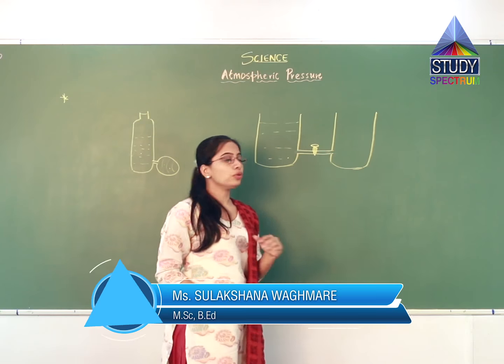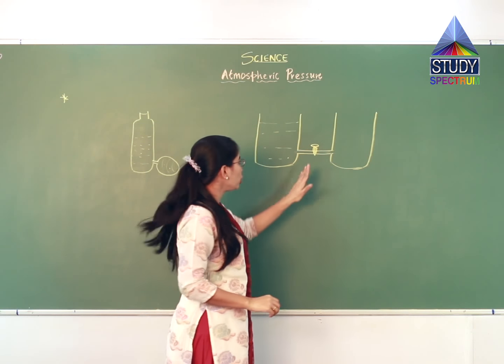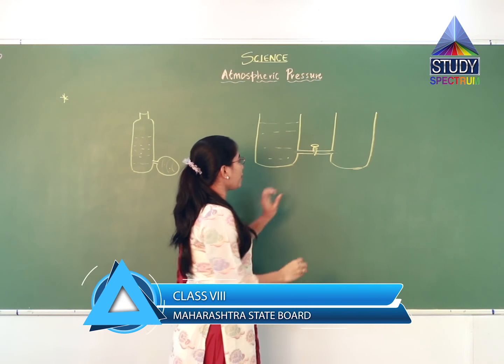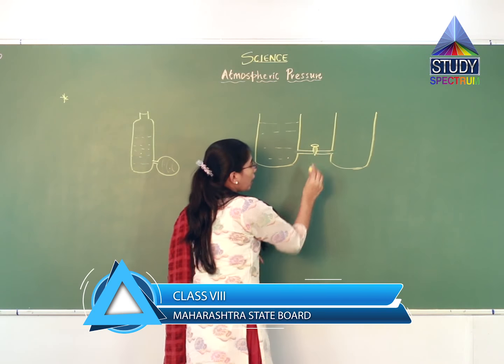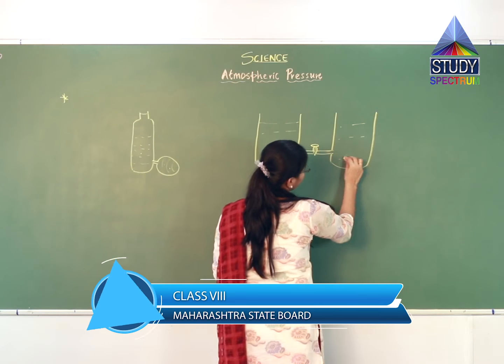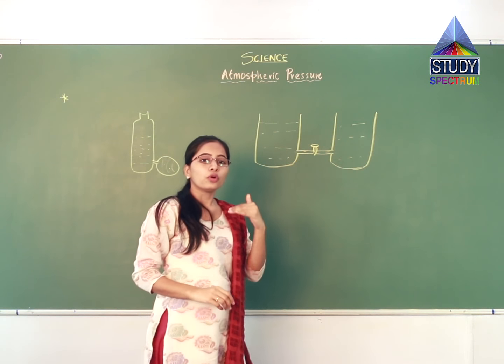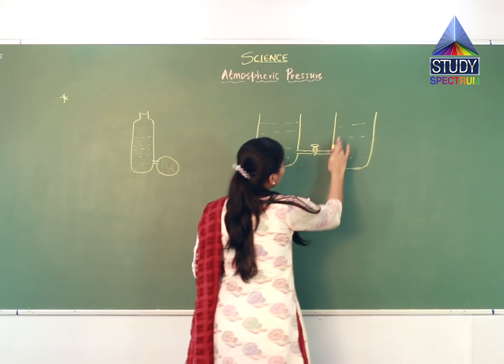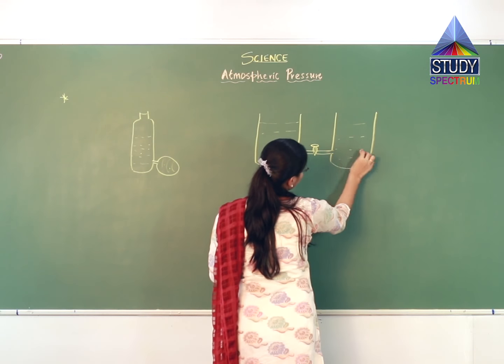Now after filling the first container, you will open the clamp and you will allow the liquid to flow into the second container. After some time, what you will see, the liquid is flowing into the second container.